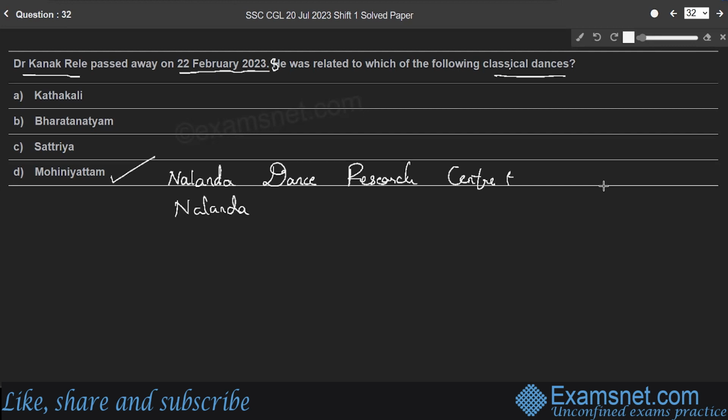She taught hundreds of students and brought classical dance to the masses. She received the Padma Bhushan, Padma Shri, Kalidas Samman and the Sangeet Natak Akademi Award also. Therefore, she was related to the Mohiniyattam dance form. Option D is the right answer.